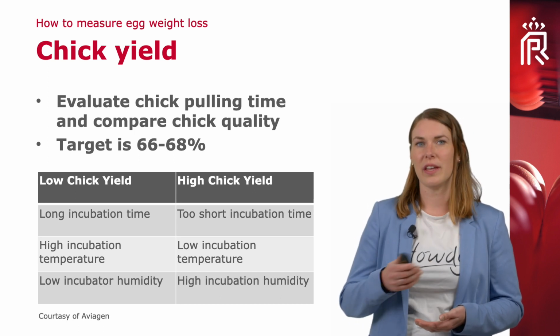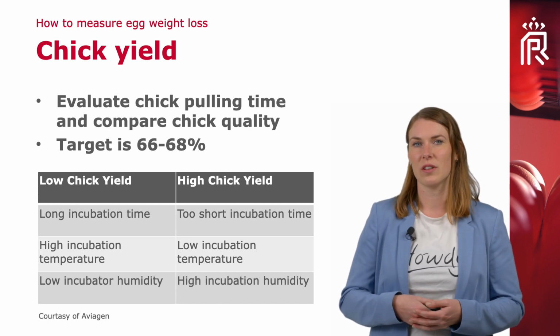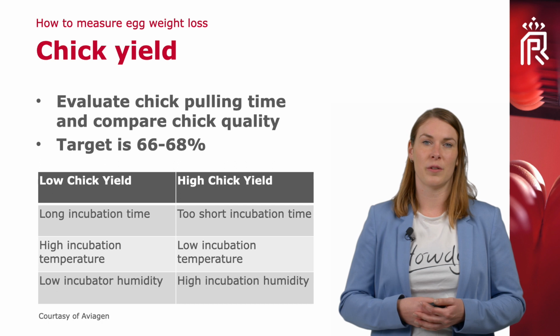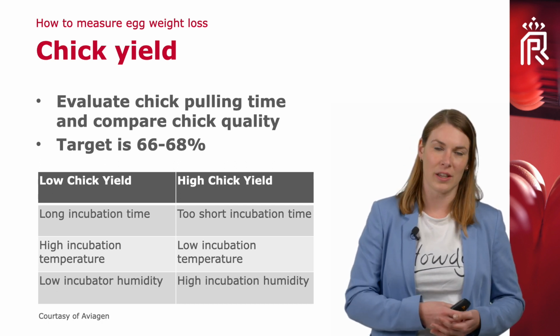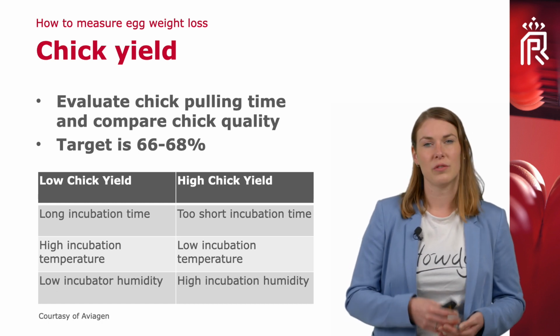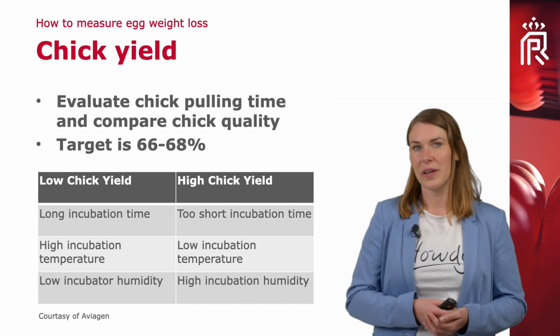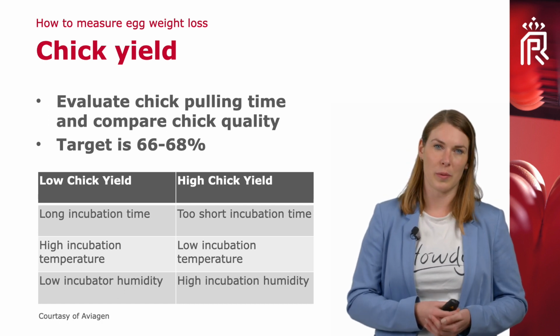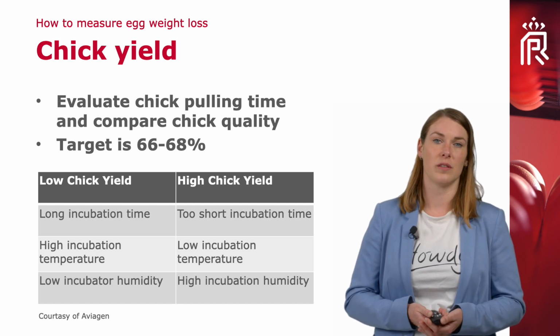Now this table is courtesy of Aviagen, and you can see that low chick yield is actually a sign of long incubation time, or high incubation temperature, or low incubator humidity. And if we take a look at high chick yield, it's either too short incubation time, maybe low incubation temperature, or high incubation relative humidity.